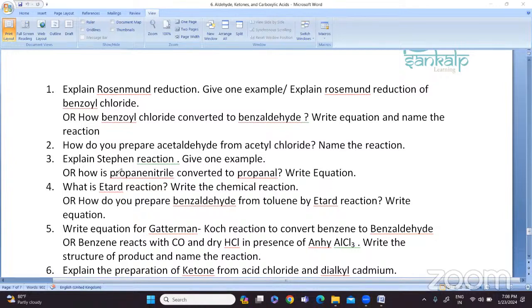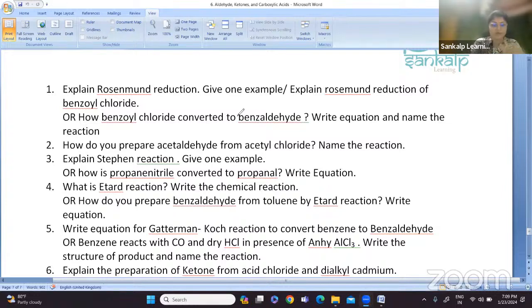Acid chloride is hydrogenated over palladium on barium sulfate to give aldehyde. This reaction is called Rosenmund reduction. This is the explanation you need to write. What do you mean by hydrogenated? We are adding hydrogen. Reduction is nothing but addition of hydrogen.